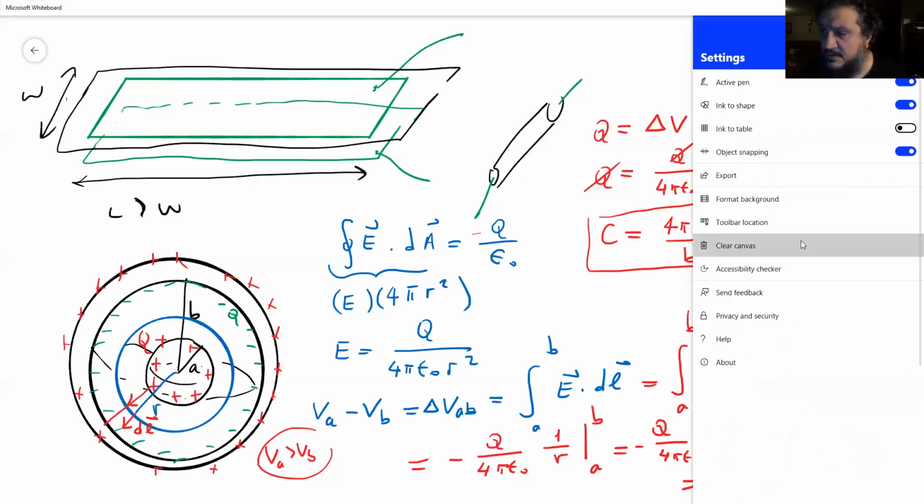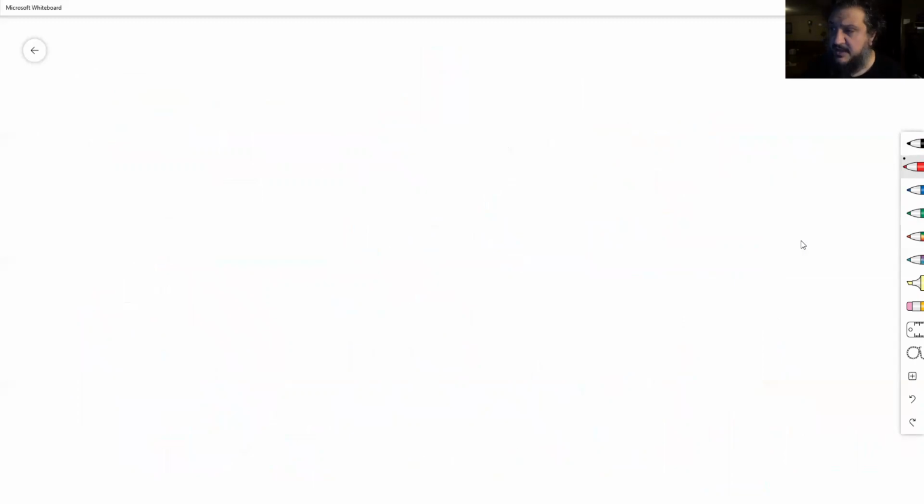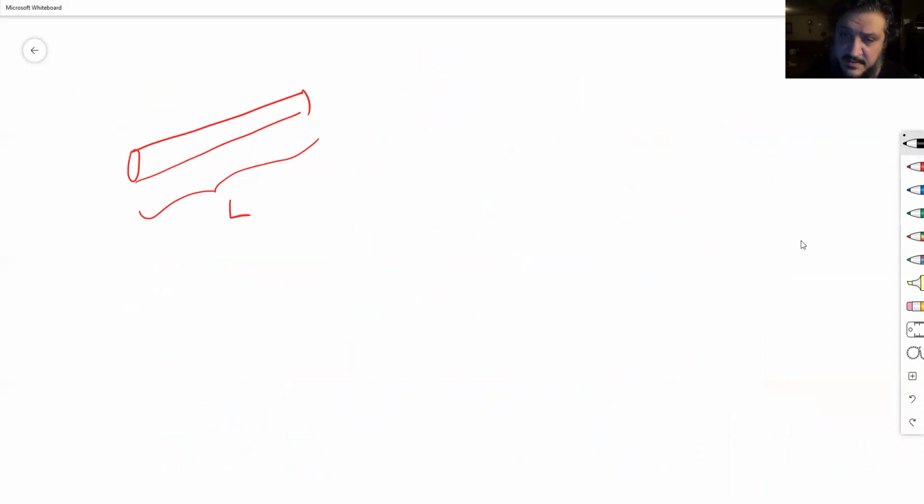Let me do another one. How about concentric cylinders? An inner cylinder, let's say this is length L with a radius A, or R_A, doesn't matter.